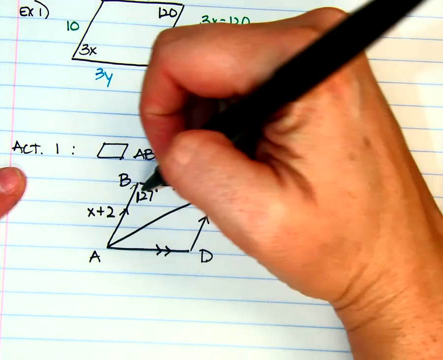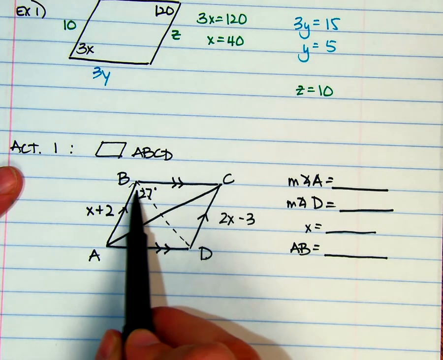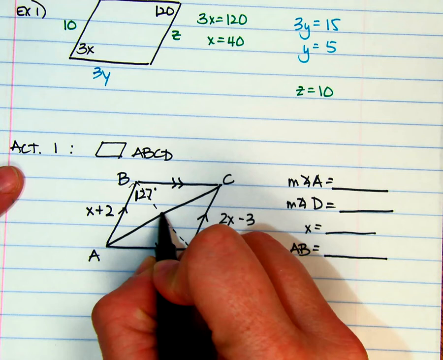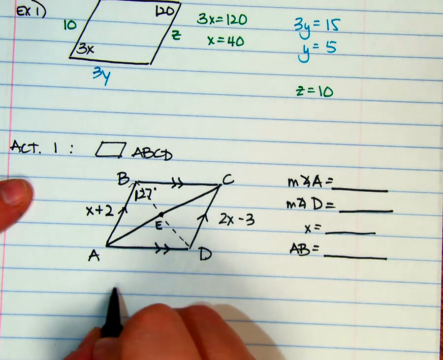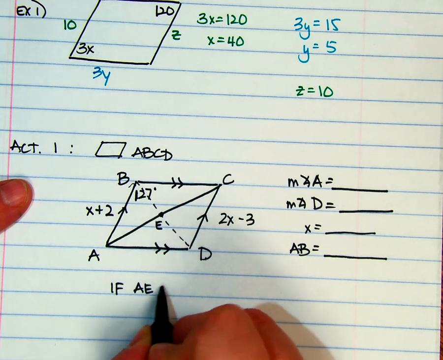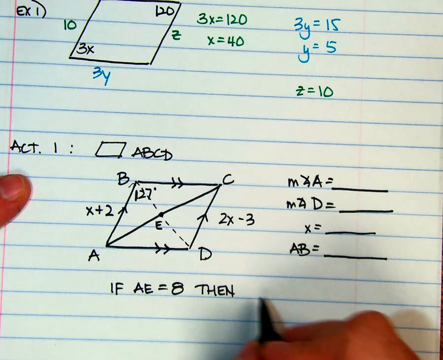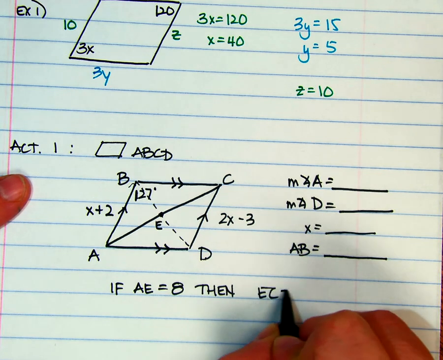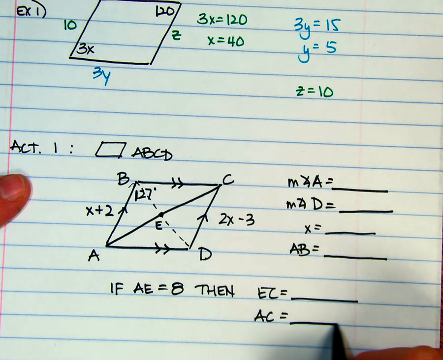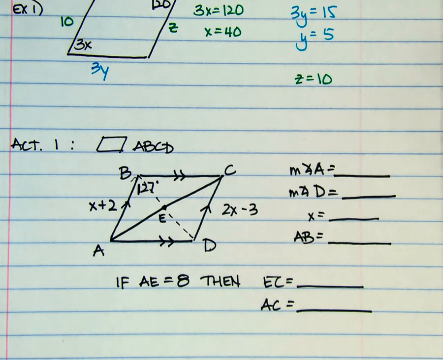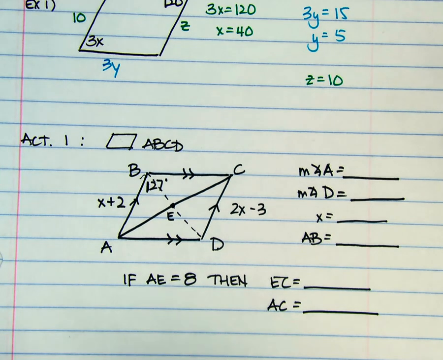I'm going to dot this diagonal, just so you don't lose that that's 127 degrees up there. I'm going to put this as an E. So if AE equals 8, then I want you to find EC, and I want you to find AC. And that will conclude what you are doing for tomorrow, so make sure you come to class with the diagram and those 6 little tidbits completed.